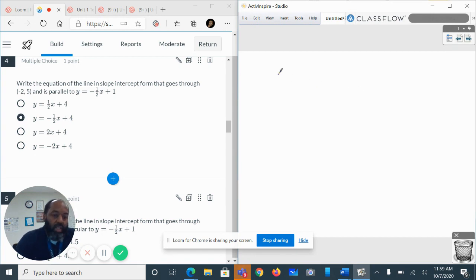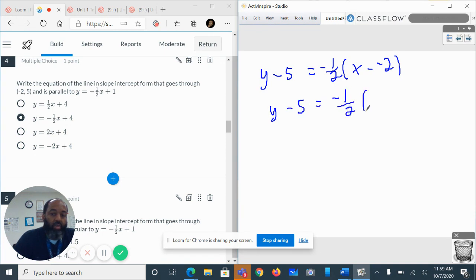All right, same idea. So I'm going to say y minus 5 equals, the answer is here on this one. Now my slope this time, it's parallel, so you use the same slope. So negative 1 over 2 times x minus negative 2. That's going to be y minus 5 equals negative 1 over 2 x plus 2, because that's minus a negative.